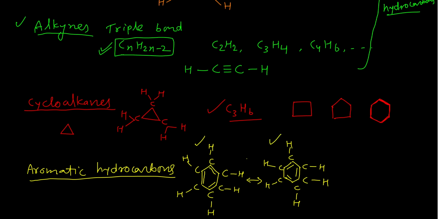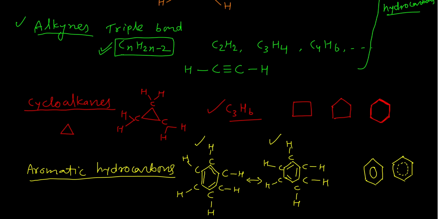None of the bonds in the ring is single or double. Actually, each bond is equal in bond length and they are identical. So the actual structure of benzene is drawn like this. We put a circle here, or sometimes in a few books this circle is drawn with a dotted line. This circle represents the moving or delocalized pi electrons present in these 3 double bonds.